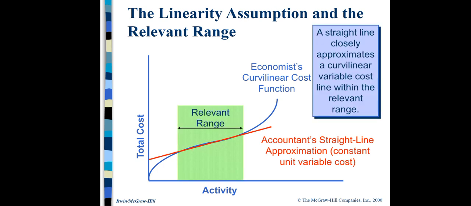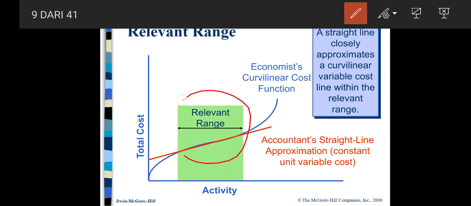Okay, next. So from those two assumptions we make a relevant range that you can see at the shaded area in the graphs. Nah, ini shaded area. Dua asumsi ini akan membentuk suatu relevant range namanya.